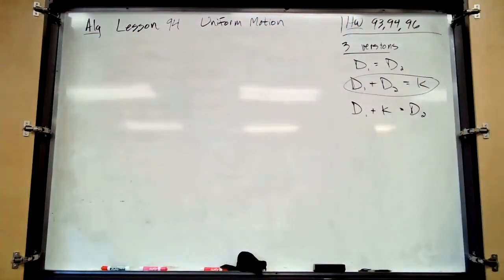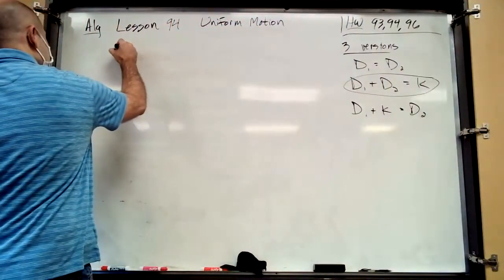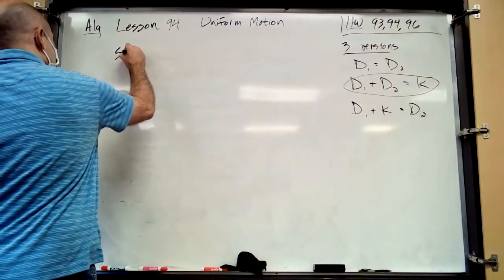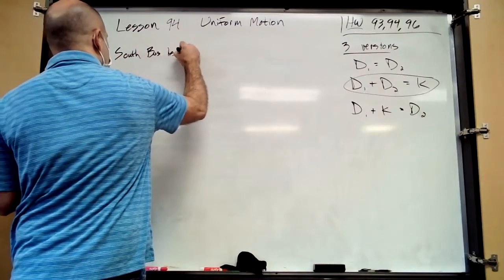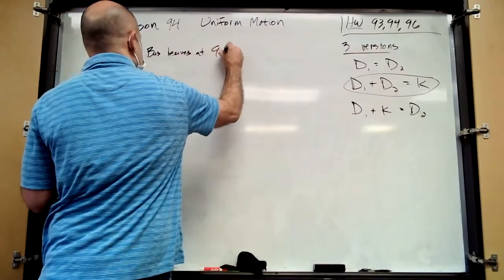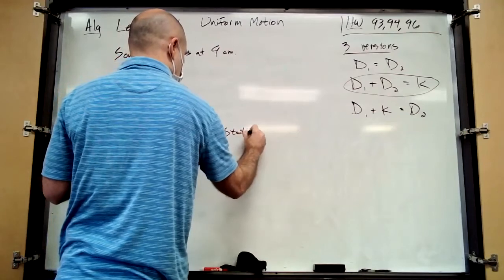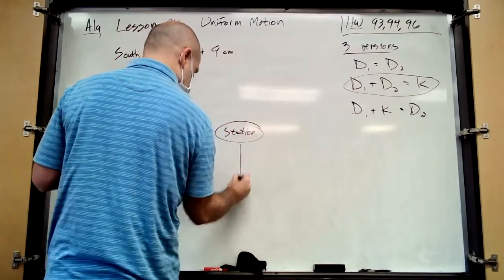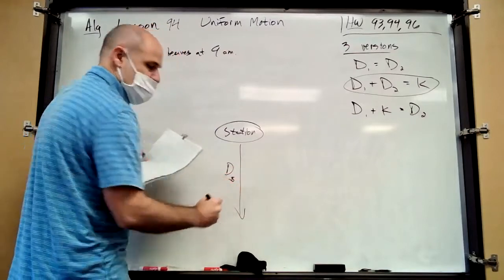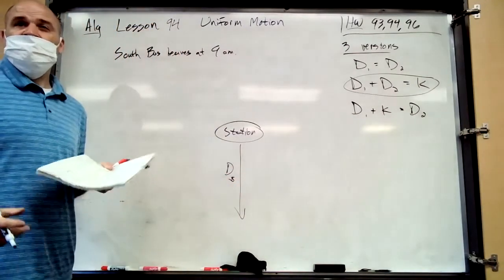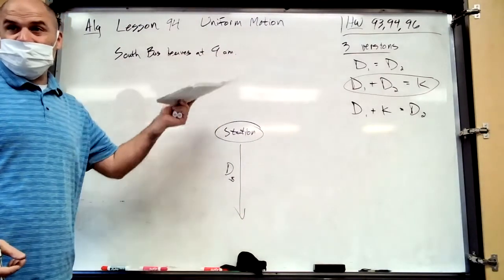A southbound bus leaves at 9 a.m. Here's the station. So far we've got a southbound bus, and we'll call that DS, distance of southbound. These diagrams just talk about the distances.